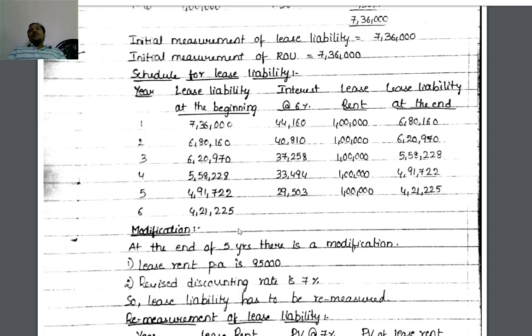So out of 7,36,000, it has a life of 10 years. 5 years is completed, so to the extent of 5 years portion we have to depreciate. That comes to 3,68,000, that is 7,36,000 divided by 10 into 5. Remaining balance will be 3,68,000, the balance of ROU asset.